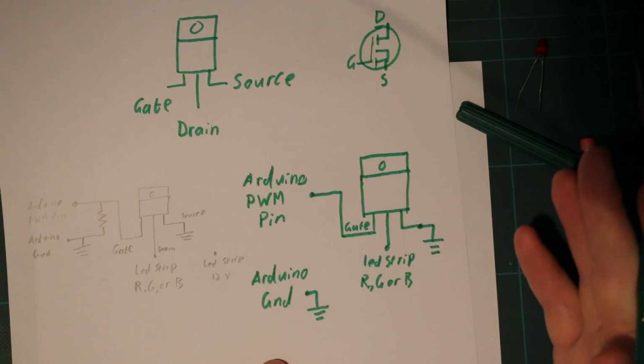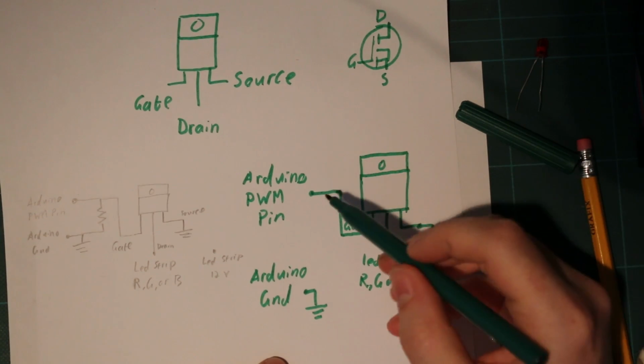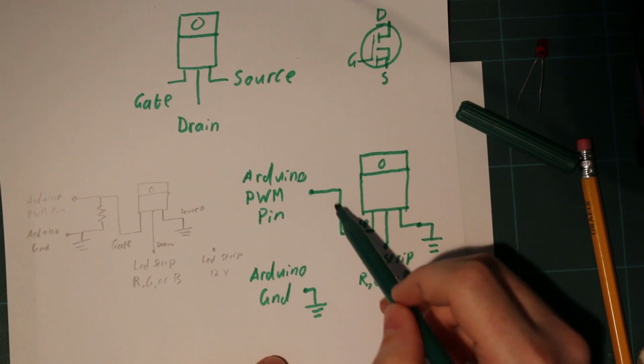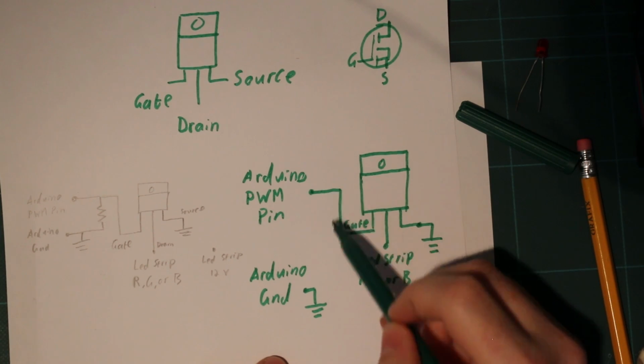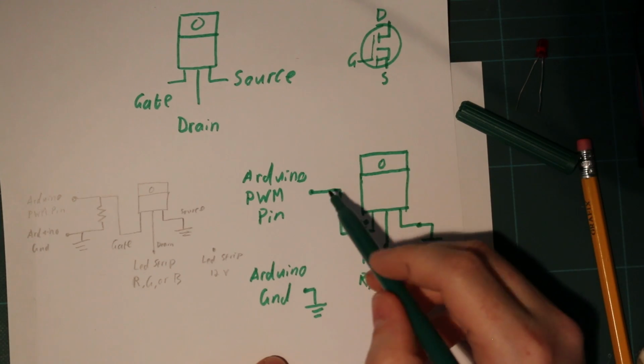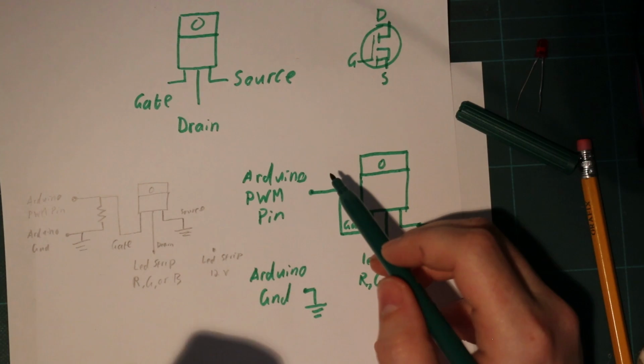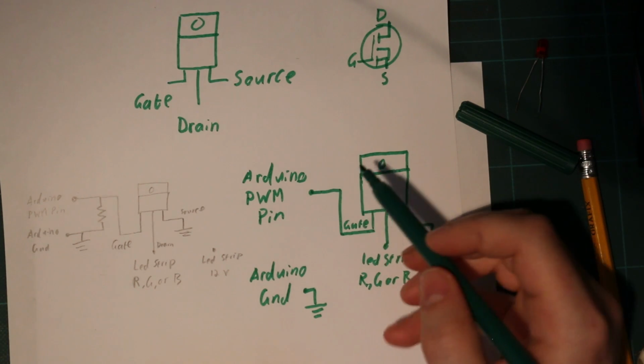Now the very last thing we'll need, and after this it's quite straightforward, is we need to put a resistor between this pin here and ground. I won't get into why, but basically if you don't, the pin might turn on accidentally.